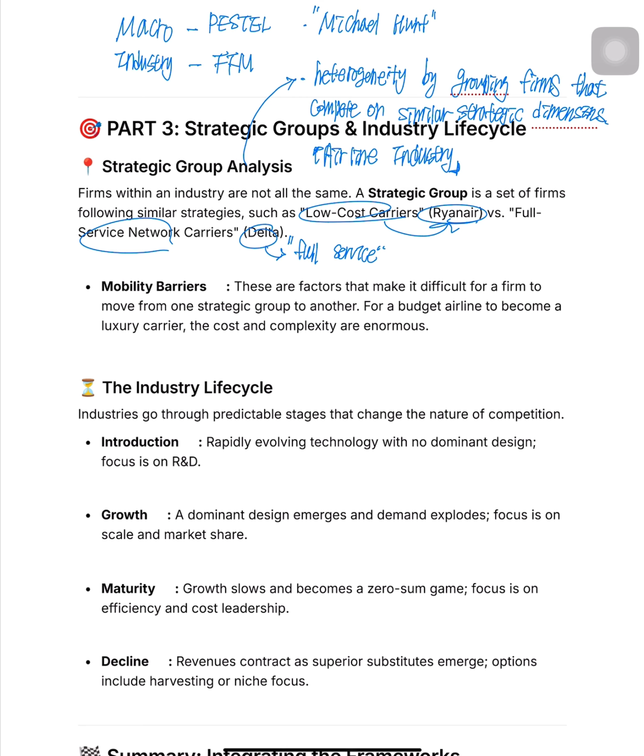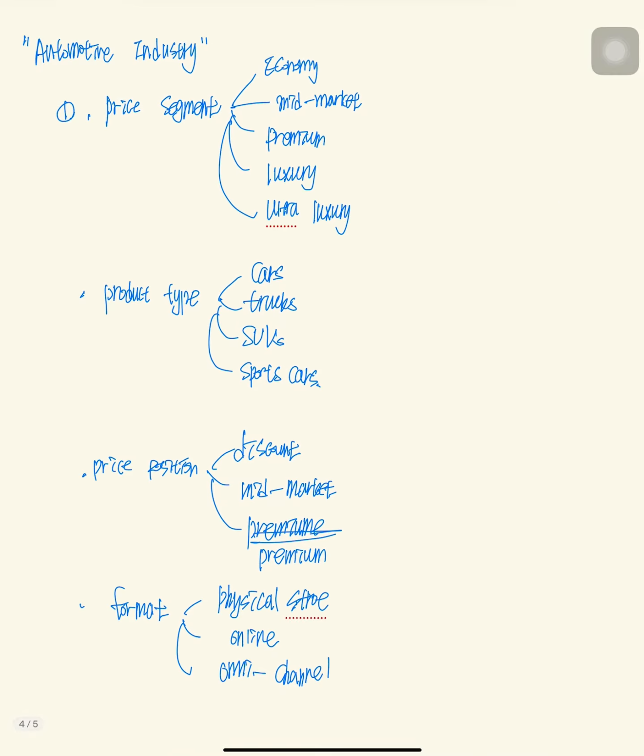Okay, so let me give you another example. This time, the hotel industry. I'm going to make one more page for that. So, hotel industry.